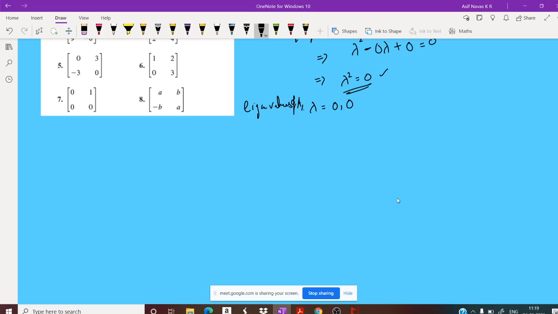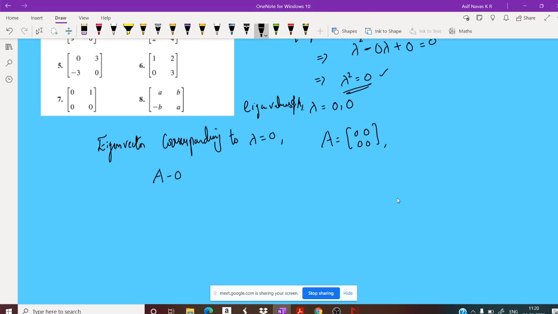Eigenvector corresponding to lambda is equal to 0. Our matrix A is 0, 0, 0, 0. So how to find it?